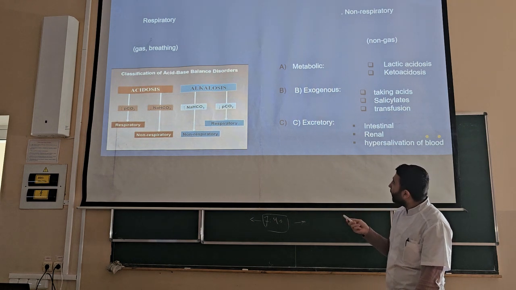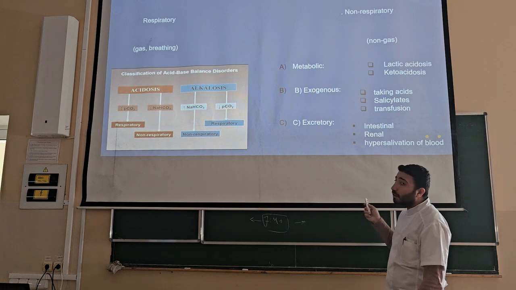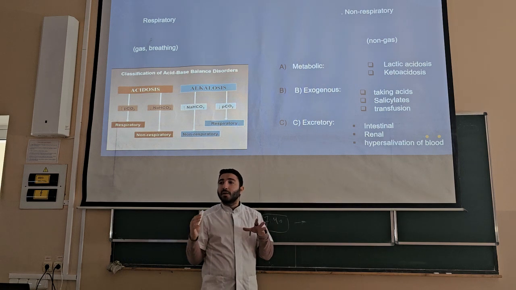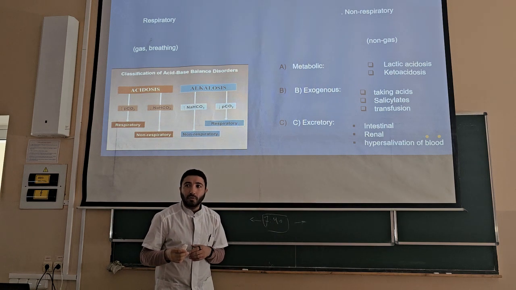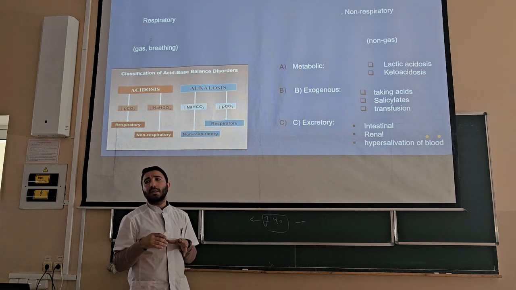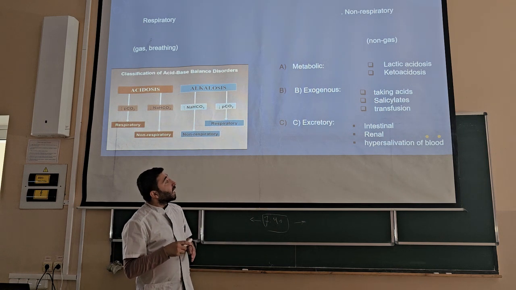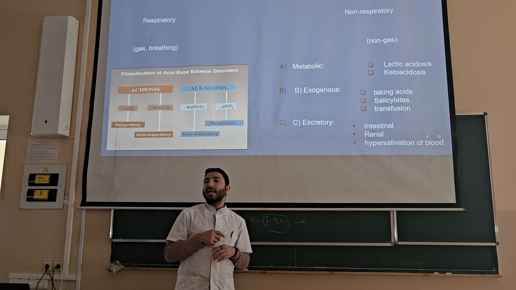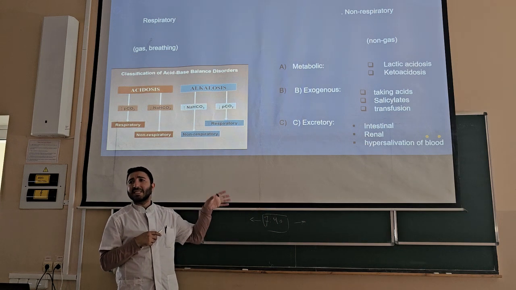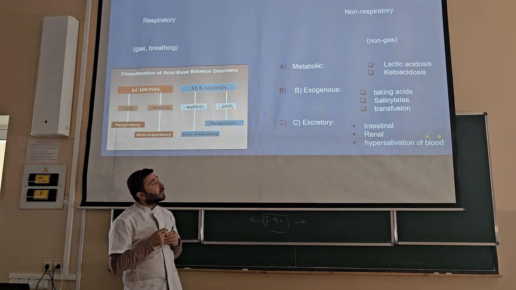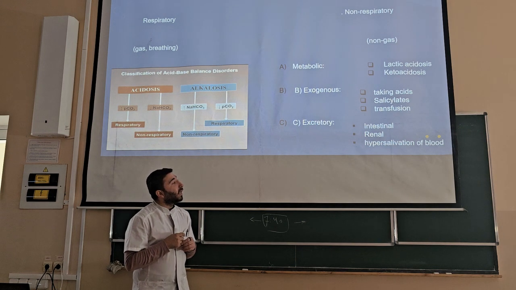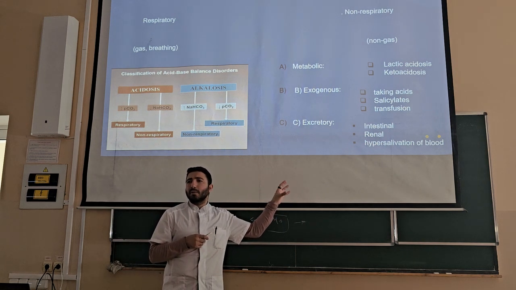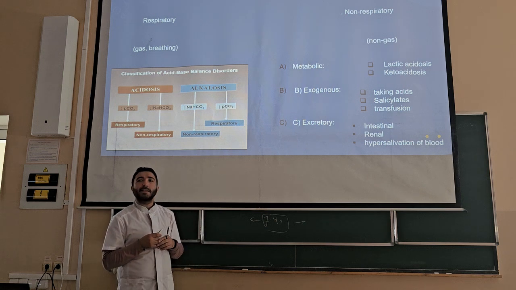As well, from the excretions, we already spoke about the gastrointestinal tract playing a role in the intake of many biological liquids, as well as minerals. The renal system will also play a role in maintaining and in the classification of those disorders. As well, hypersalivation of blood. We will talk in detail about this point later in the lecture.